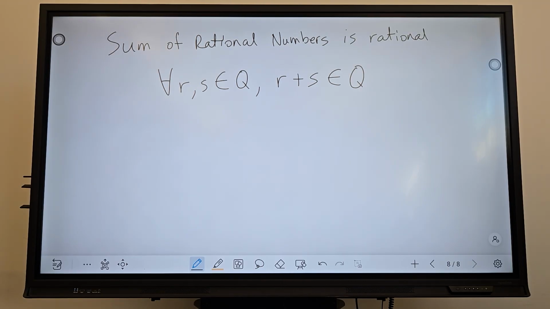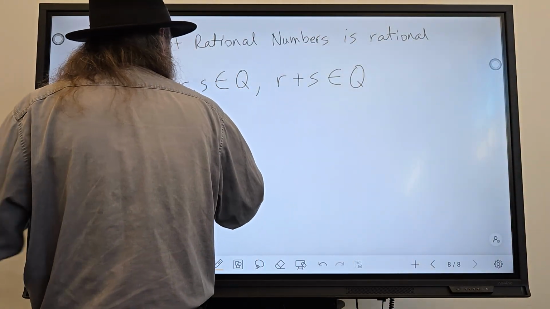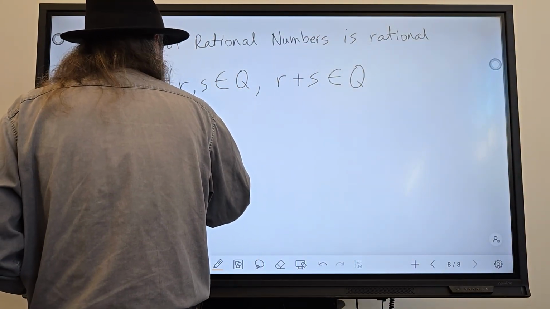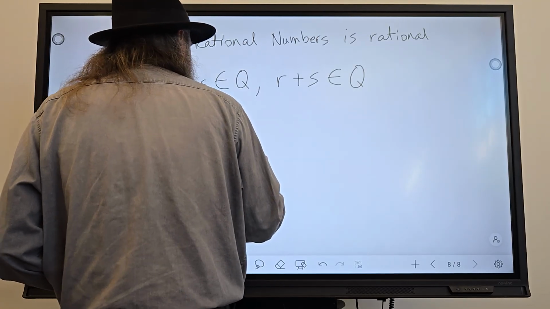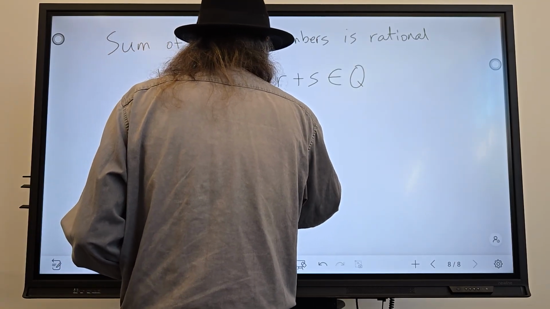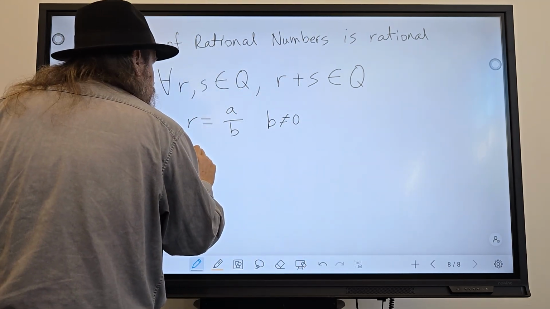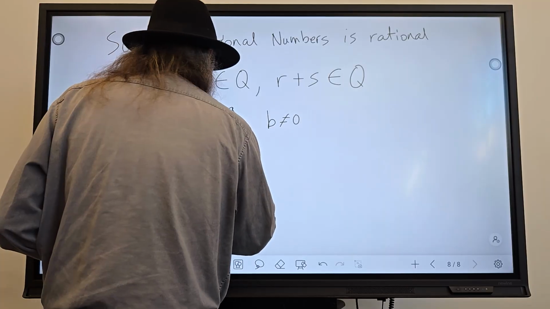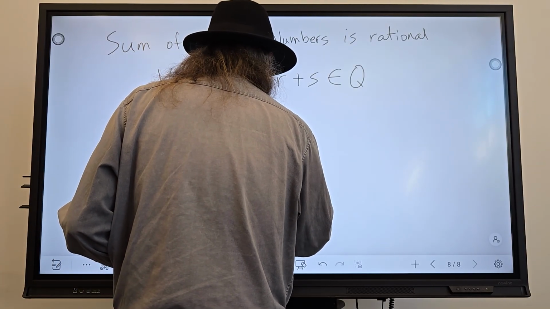Let's see here. So we're going to do the proof briefly. r equals a over b, b does not equal 0, by the definition of rational. s equals c over d, d is not equal to 0.